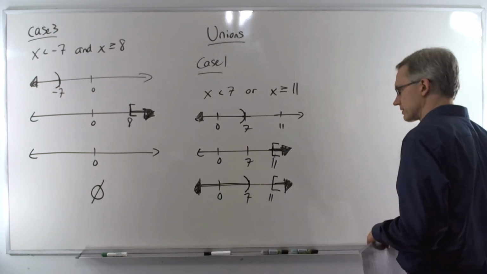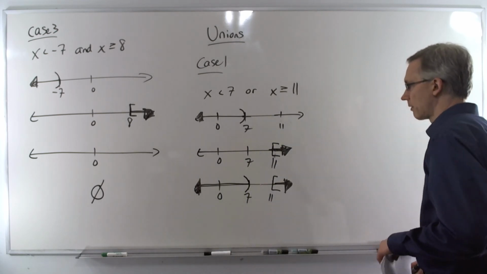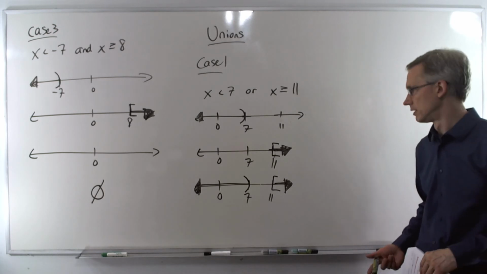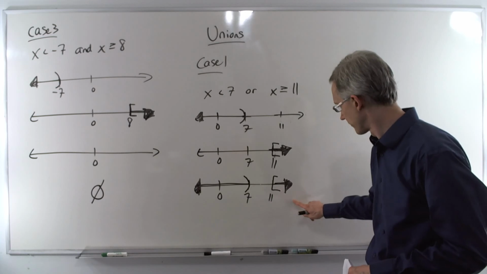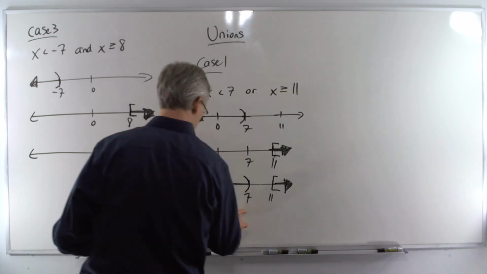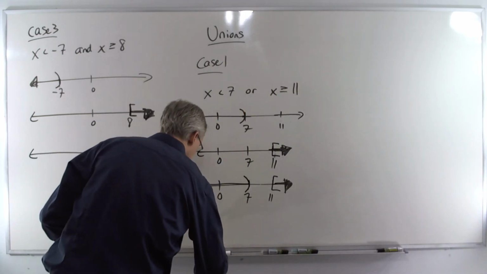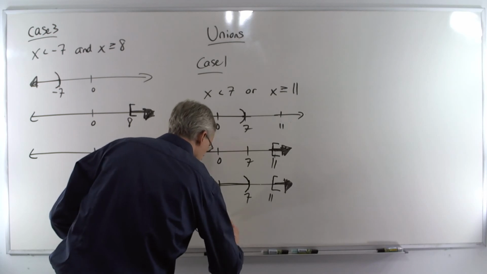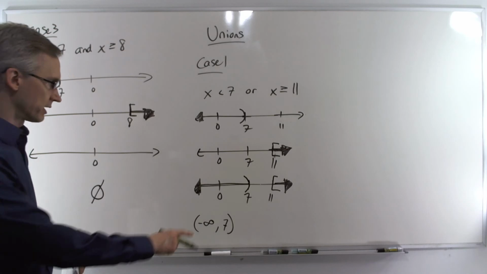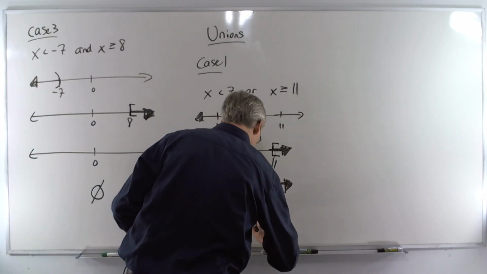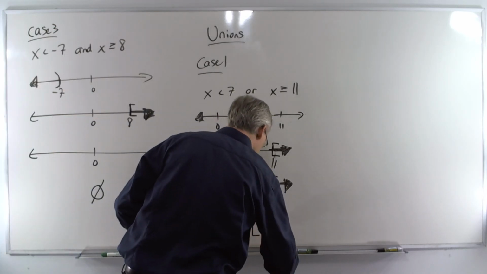And then if we want to write this in interval form, we're going to have two parts to the interval form as well. We're going to have one part for this piece and one part for this piece. So this piece is -infinity to 7, parentheses. And then this piece over here, start with a bracket, 11 to infinity.